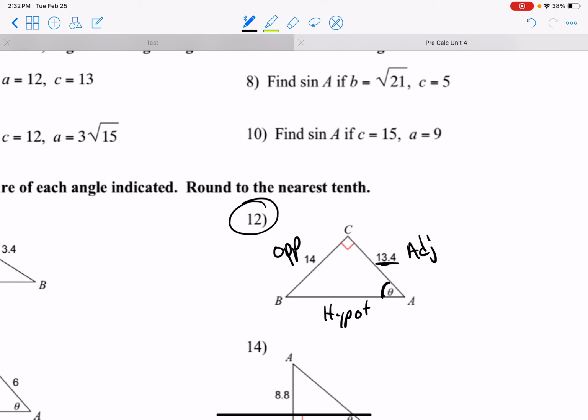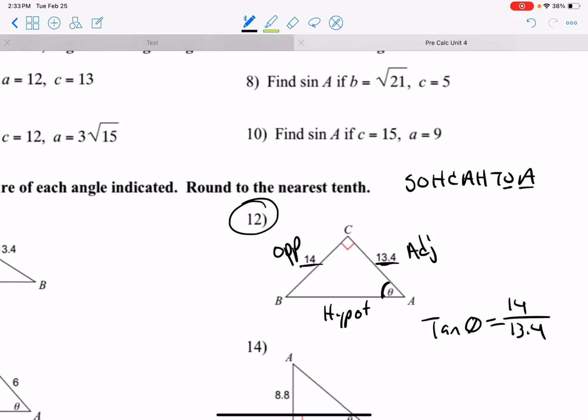I'm seeing here I have an opposite and an adjacent, so I'm going to look at SOHCAHTOA, opposite and adjacent. So I'm going to start thinking about tangent. So I'm going to say the tangent of this angle, theta, equals the opposite, 14, over the adjacent, 13.4.